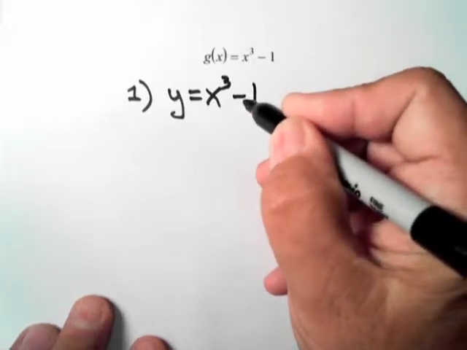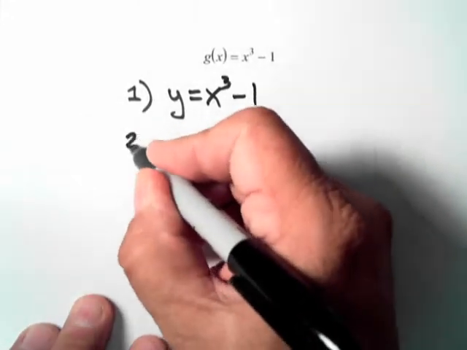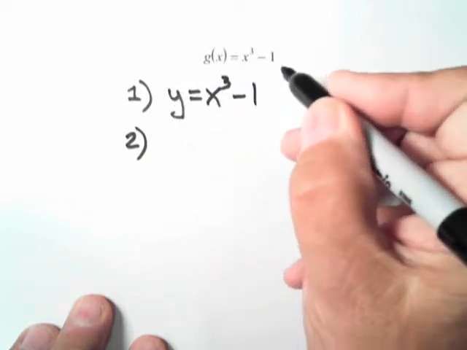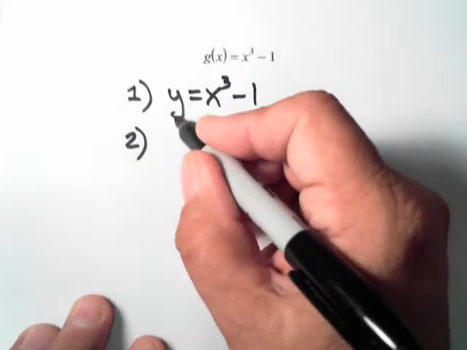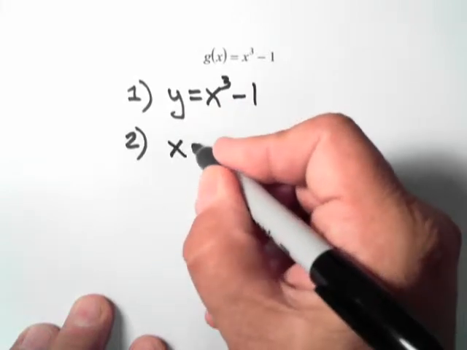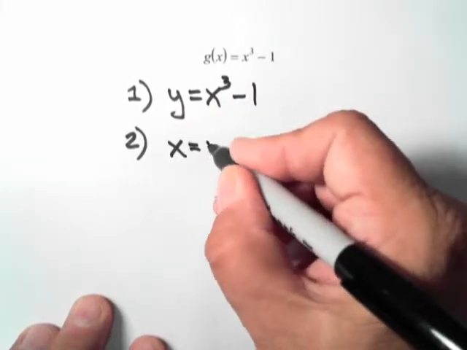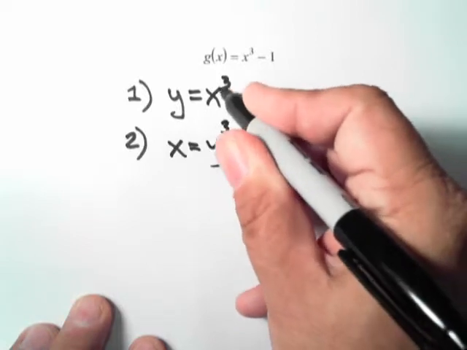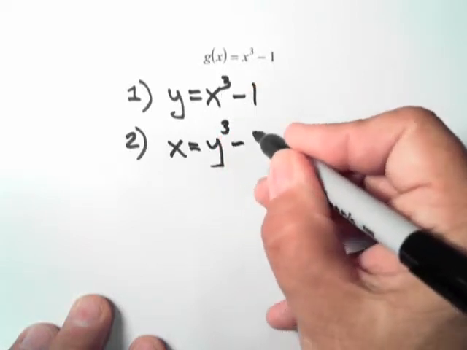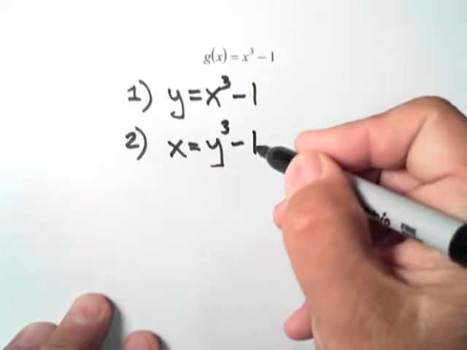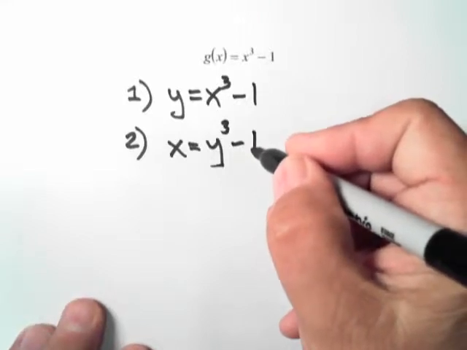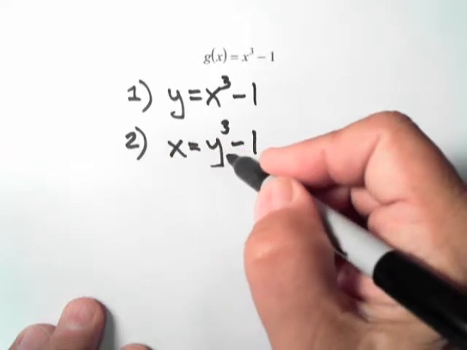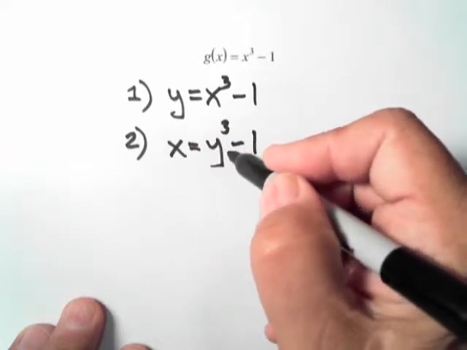Okay, now the second step, interchange the variables. So y becomes x, and the x becomes y, and it's cubed like the x was here, minus 1. Okay, now the next step then is to turn around and solve this for y equals.